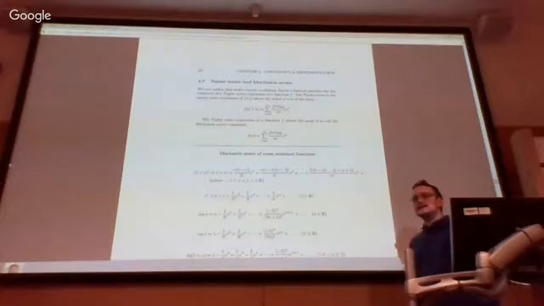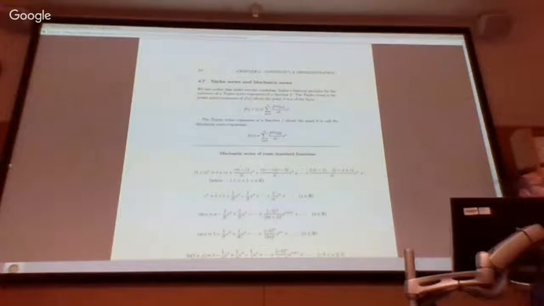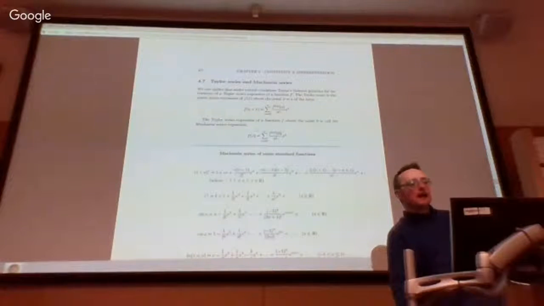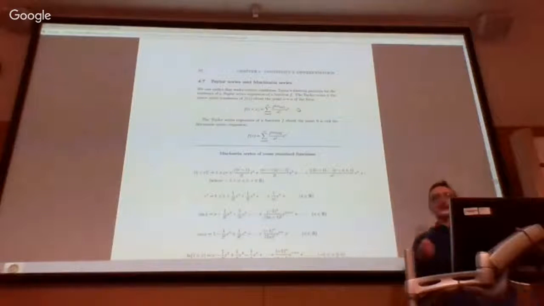So we briefly mentioned Taylor series when we were studying series in the first term. Taylor series are an example of what are called power series. So power series is the term used for when you've got a series defining a function.